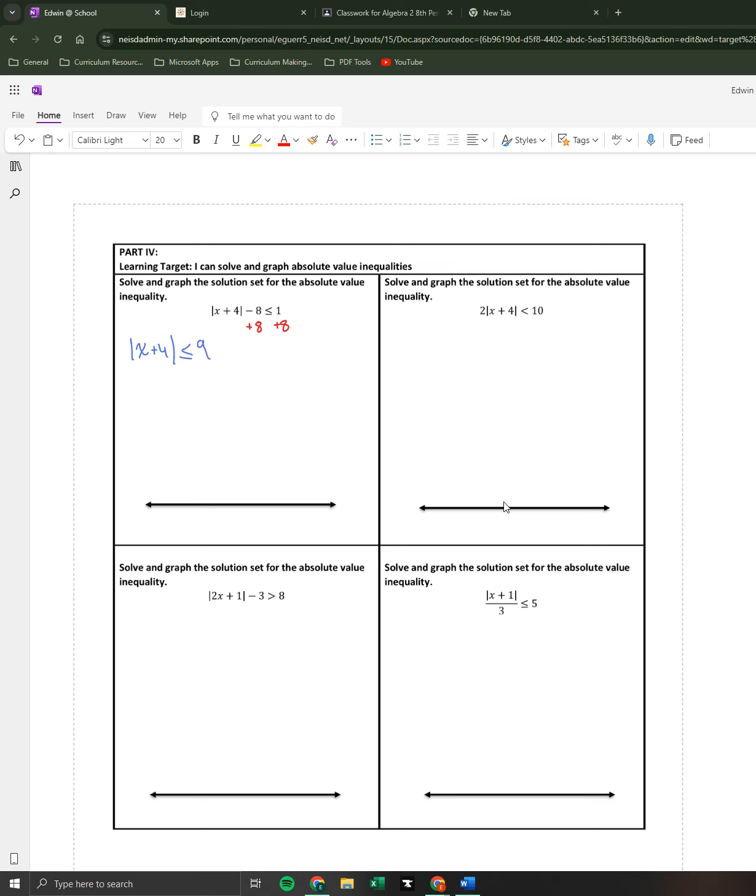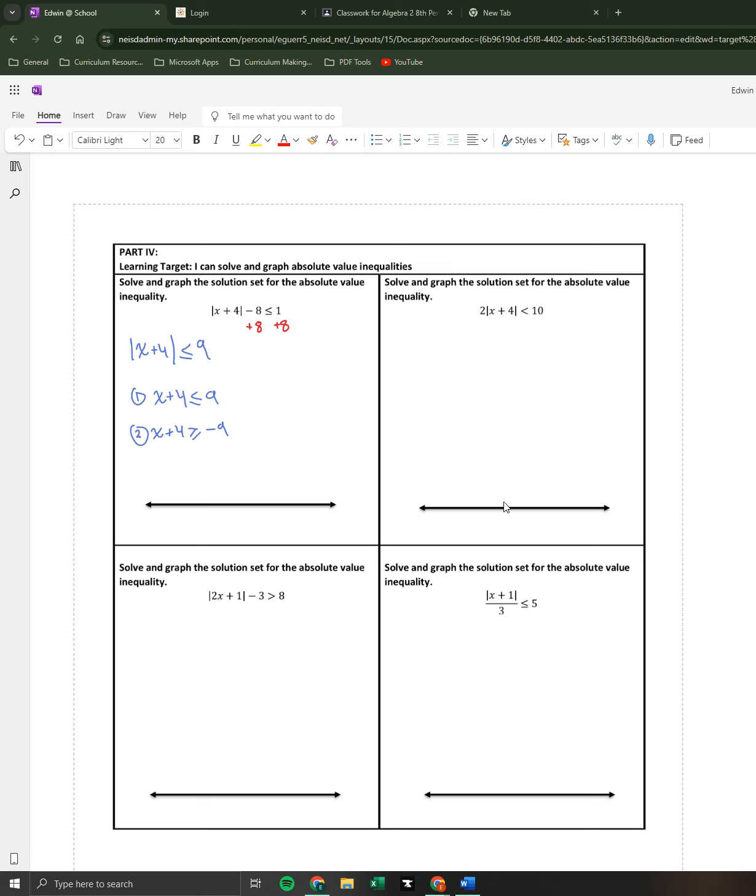And from here, we make 2 equations just the same. So that means 1, x plus 4 is less than 9. And x plus 4 is greater than negative 9. So the 2 things that change is that the inequality changes direction. The top one was the same, but the bottom one flipped.